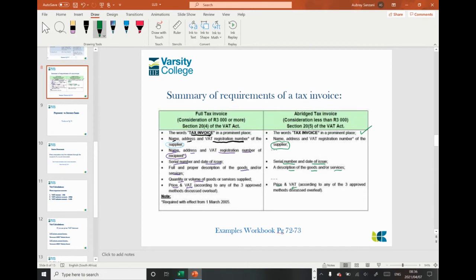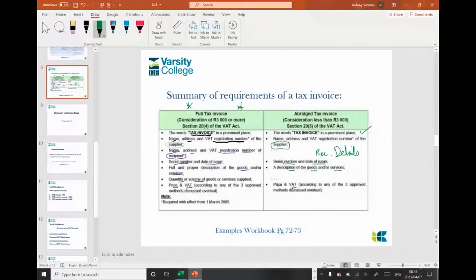Okay, so here the easy thing to remember is just simply master the full tax invoice. And then when it comes to the abridged, just remember the things that we don't need. Firstly, we don't need the recipient's details.